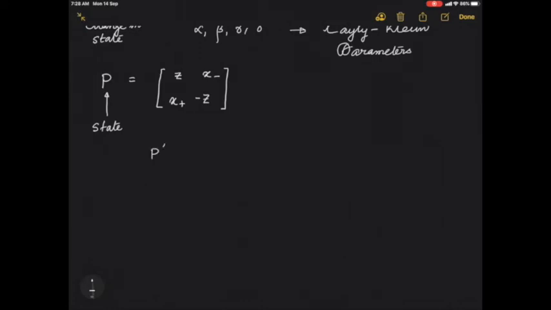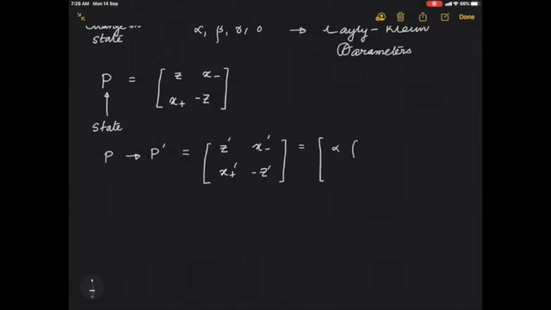And we also said that if there is a rotation, P goes to P prime, and P prime is obviously Z prime, X minus prime. I guess you remember what X minus and X plus are. X minus is X minus iY, and X plus is X plus iY.